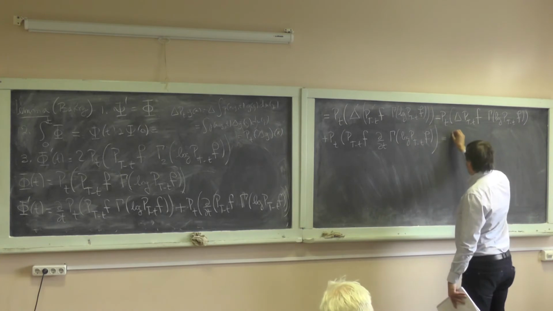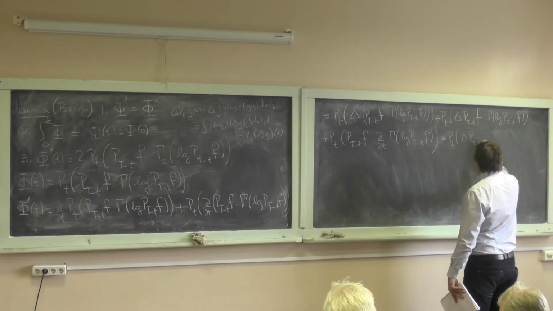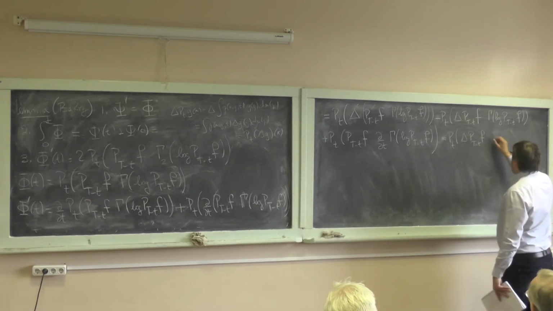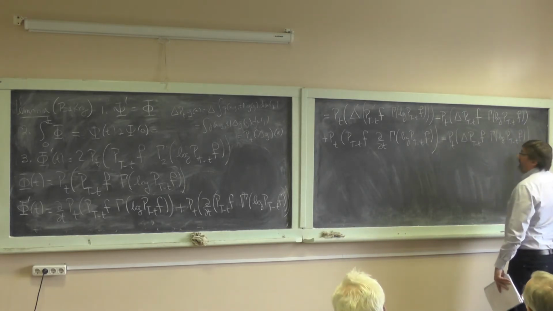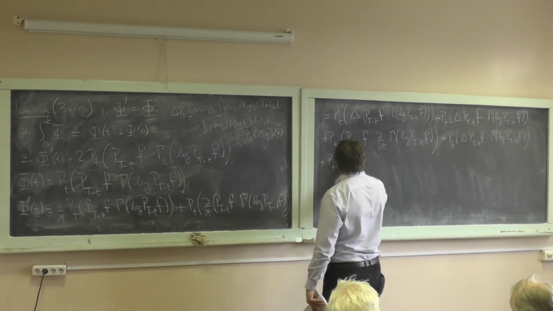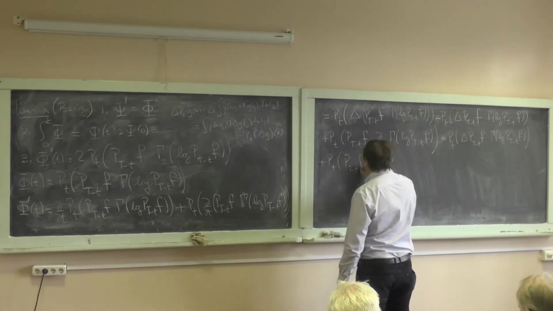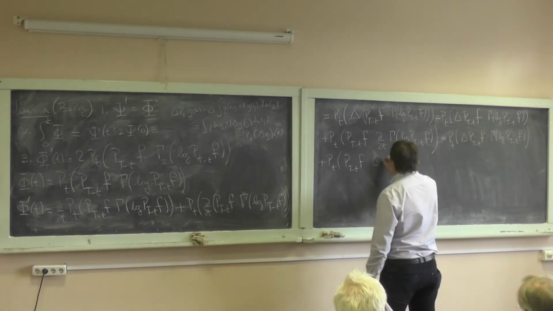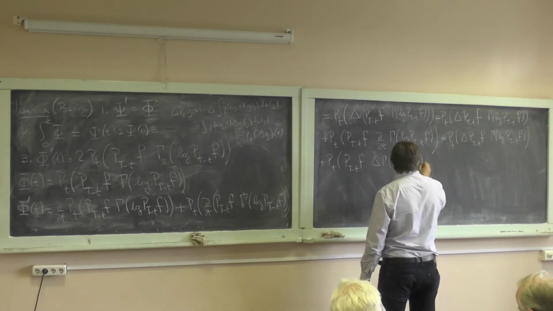So I have p_t of the Laplacian of p_{t-f} times gamma of the log of p_{t-f}, plus p_t of p_{t-f}, the Laplacian of f times the Laplacian of gamma of the log of p_{t-f}.